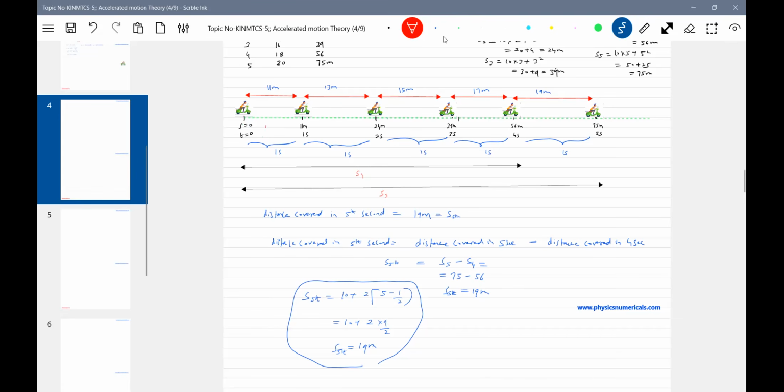This is called the first second, second second, this is called the third second, fourth second, this is called the fifth second. Agreed here?